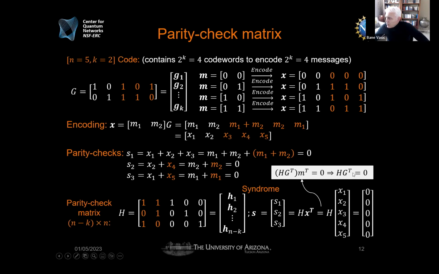So this is a condition that tells me how to create a parity-check matrix from a generator matrix and how to create a generator matrix if a parity-check matrix is given. Basically, I can do this by Gaussian elimination.